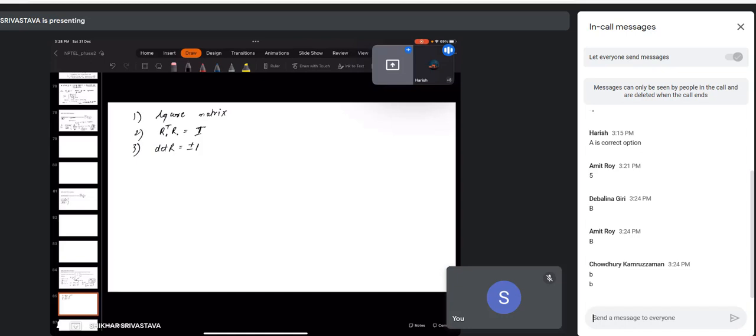These are the properties you can use to find out which one of the given options is a rotation matrix. You can just use the 3 properties and find that this one is.